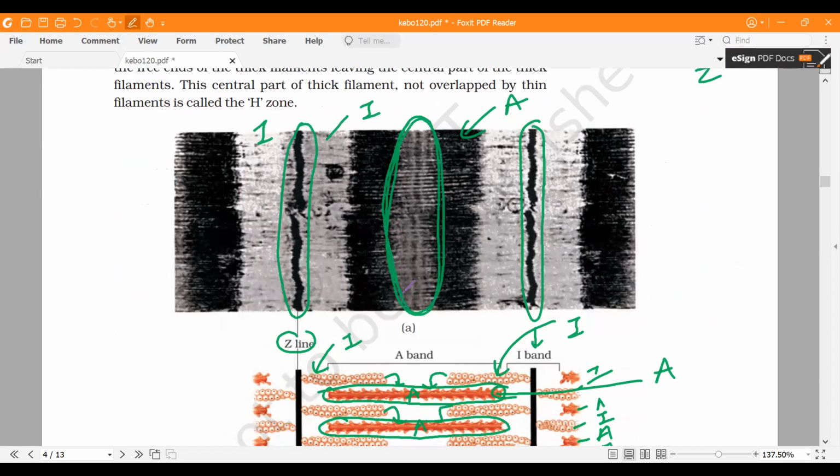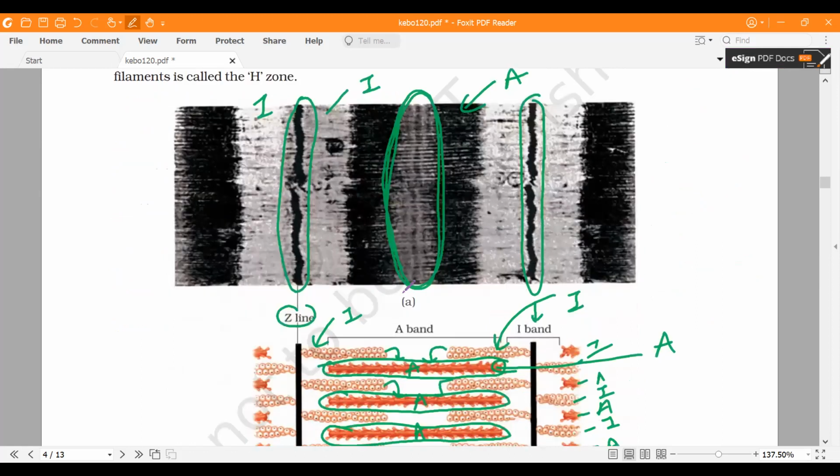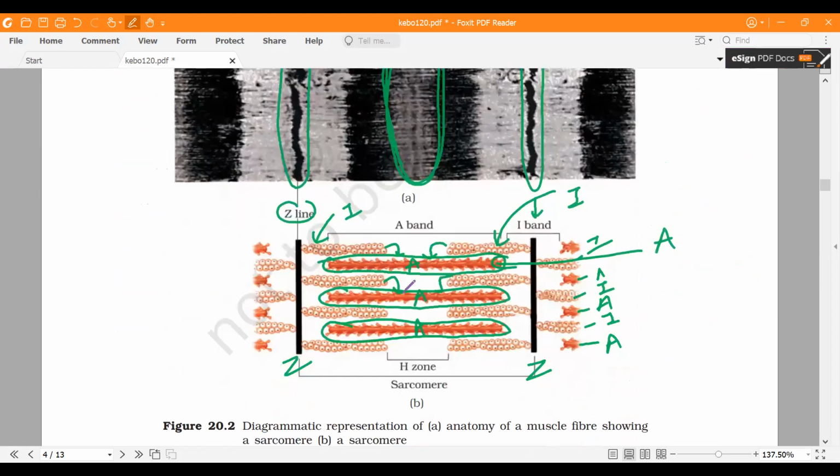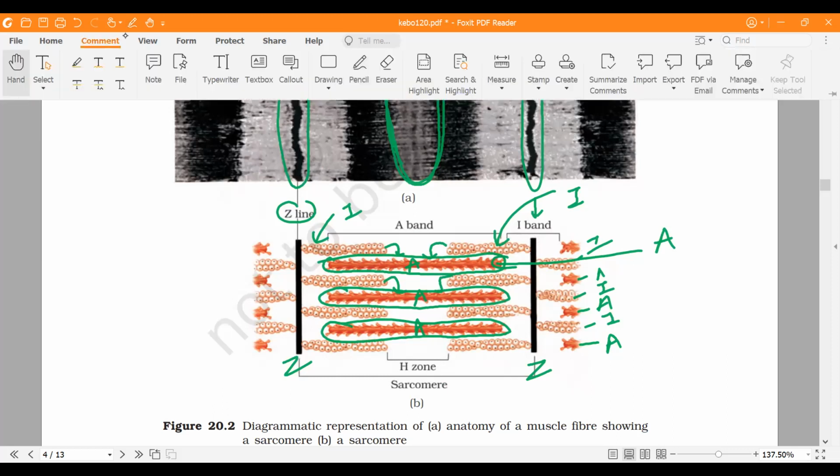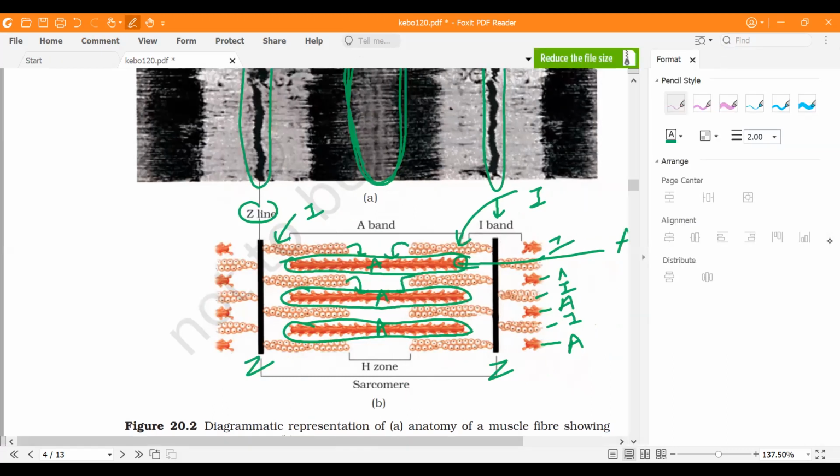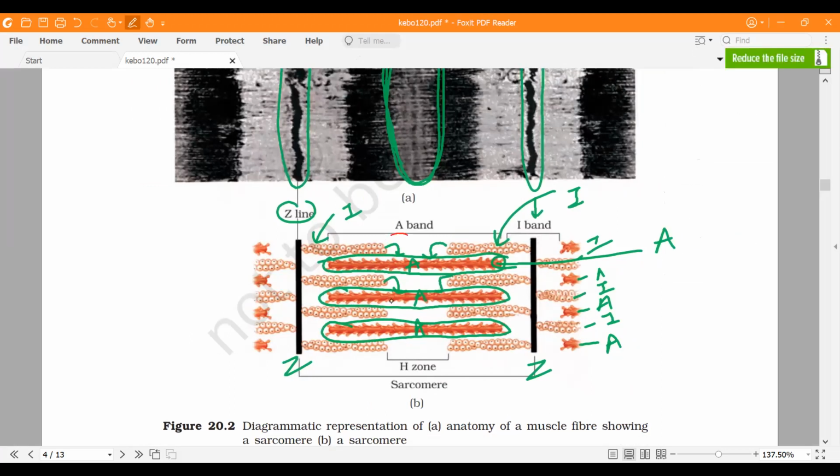Now see, if you look at this part of the diagram, in this region you can only see A band. It is not overlapped by I band.